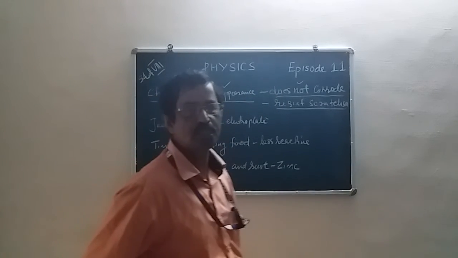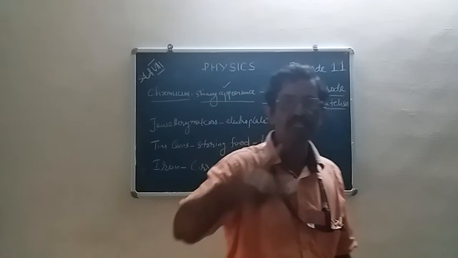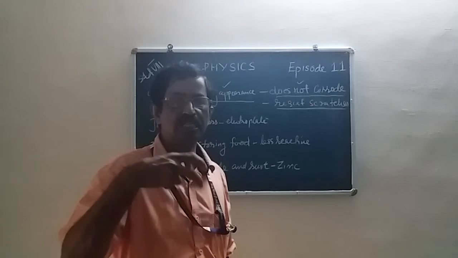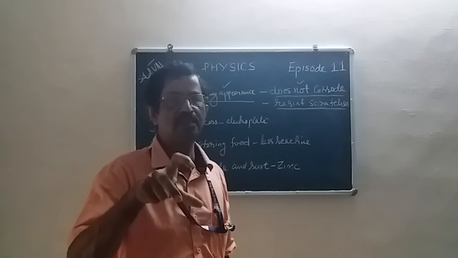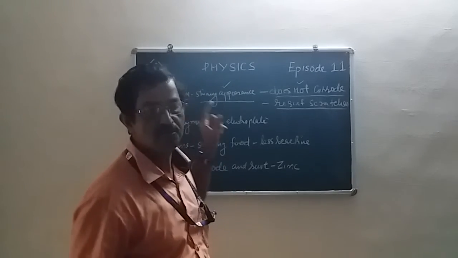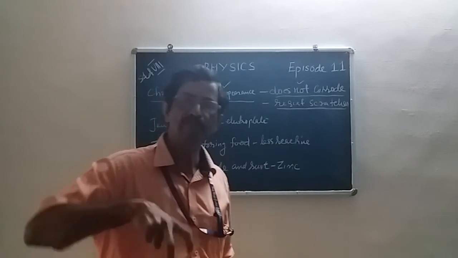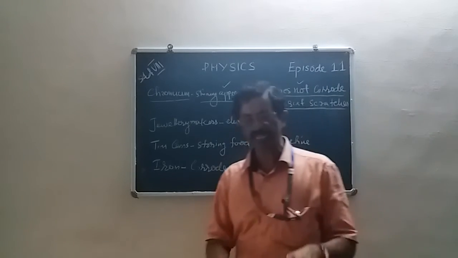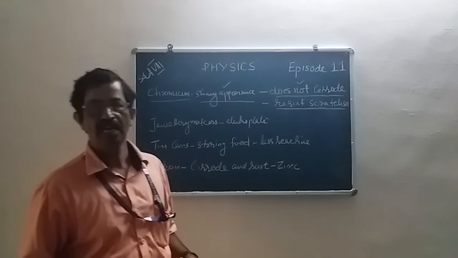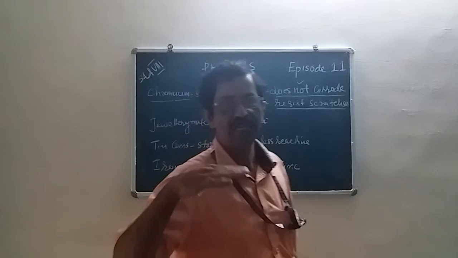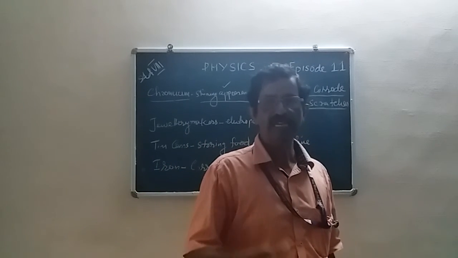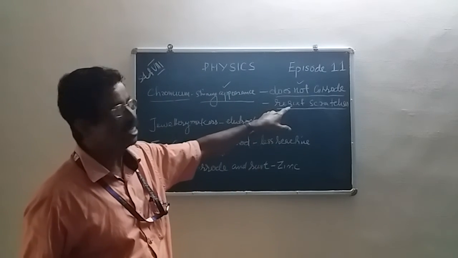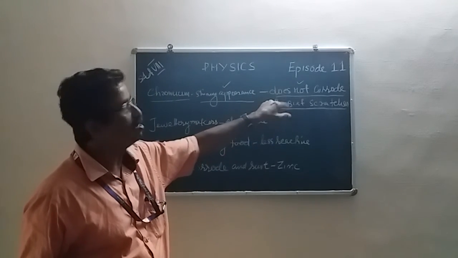But it is costly, so we cannot make appliances or machine parts entirely from chromium. So we electroplate it, for example on bicycle handles, parts of the motor car, bathing fittings, and the lighter in the stove.